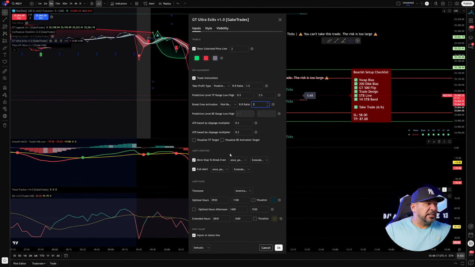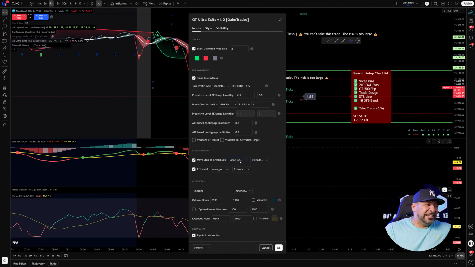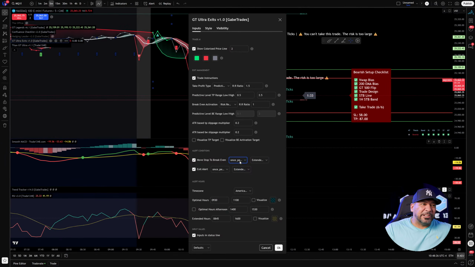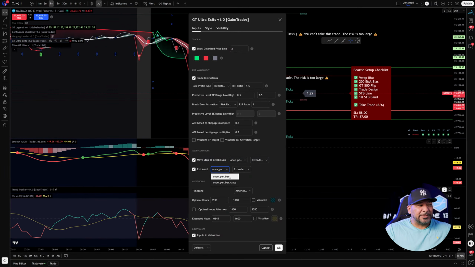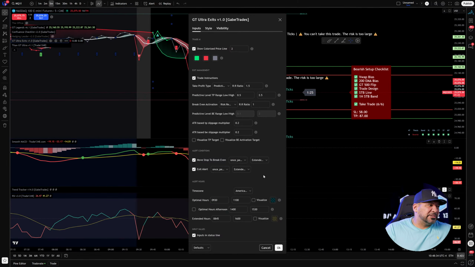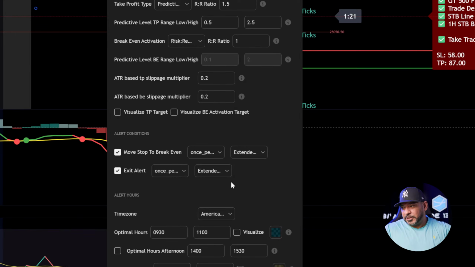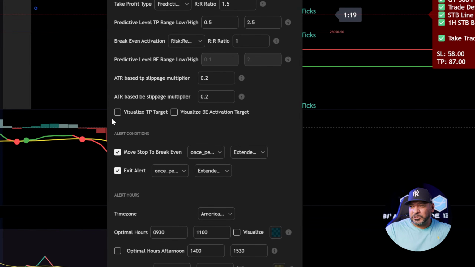So that's what that is. Most stop to break even, guys, you want to do once per bar because you really want the alerts to be firing off as fast as possible. Your exit alert especially is once per bar, but everything is on close. So that's what you want to do. Sorry, guys, it's once per bar.